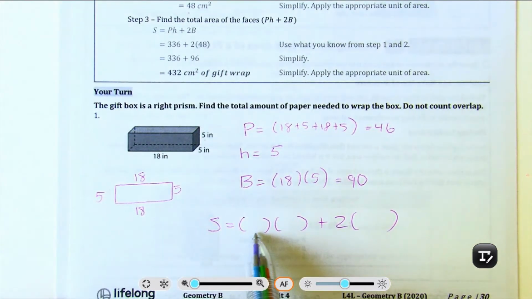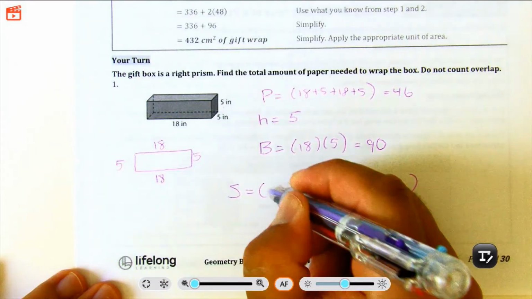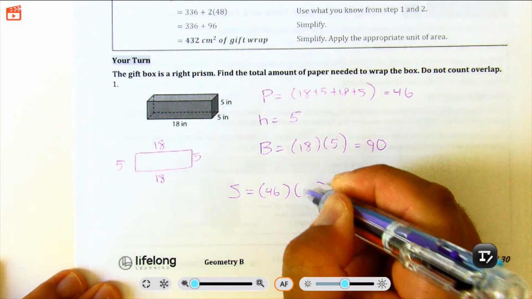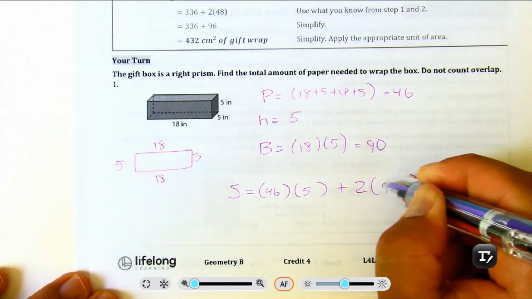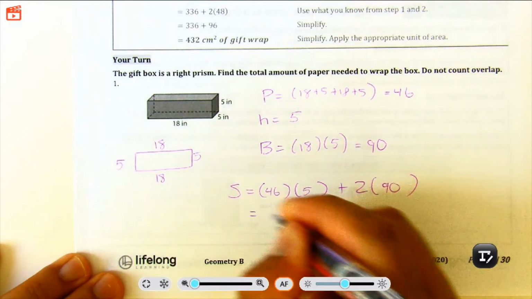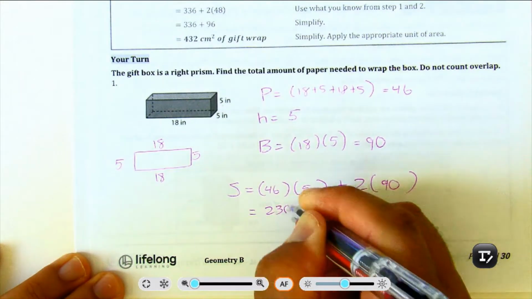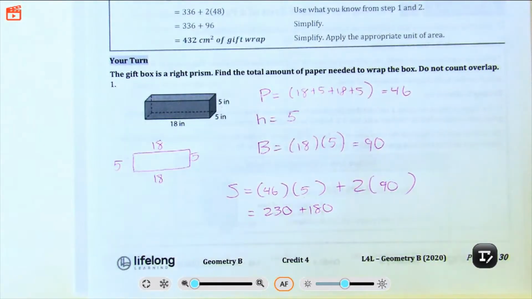So what I have is 46 times 5 plus 2 times 90. 46 times 5 is 230. 2 times 90 is 180. 230 plus 180 is 410.